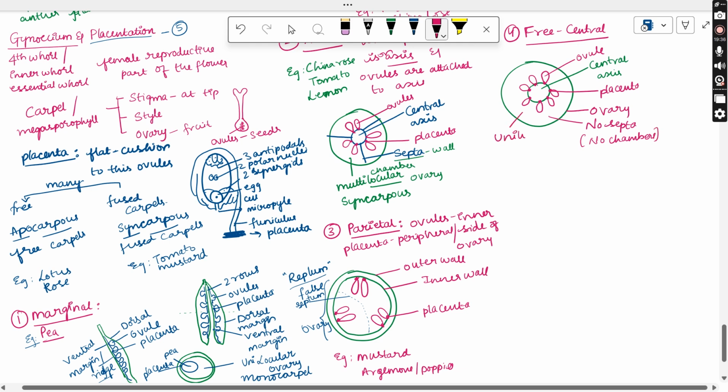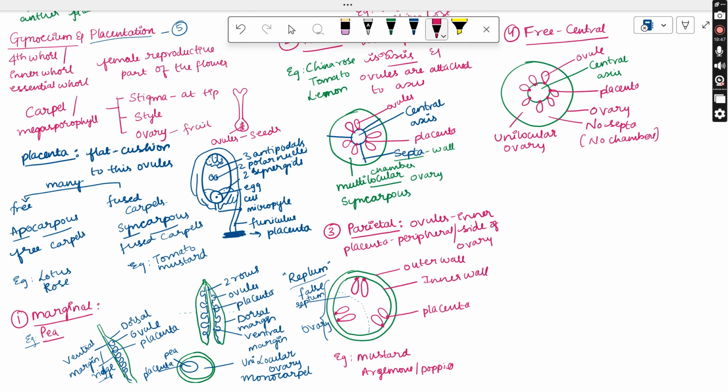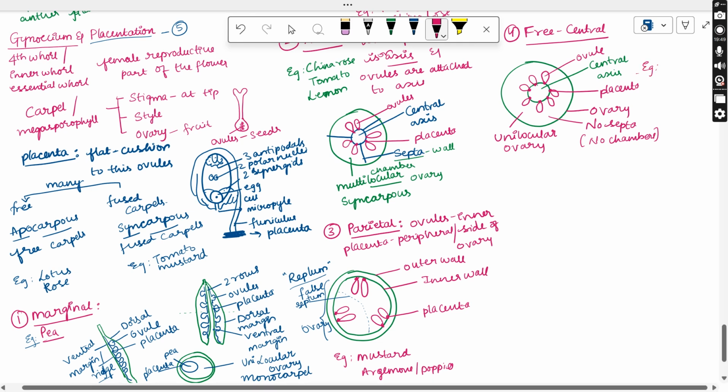That's why these types of ovaries are unilocular, or single chambered ovaries. All the ovules are borne on the central axis and there is no septa. Where can you find this free central type of placentation? You can find it in dianthus and primrose. In these two, you can find the free central placentation.